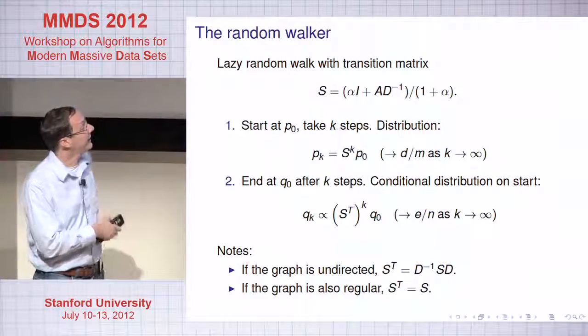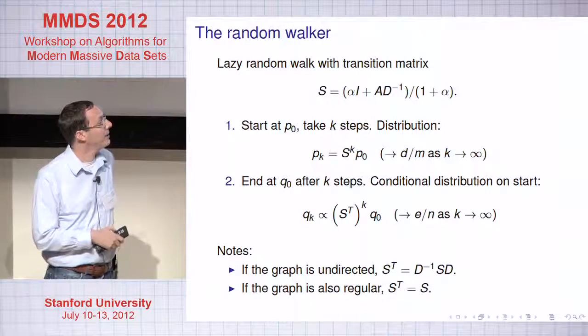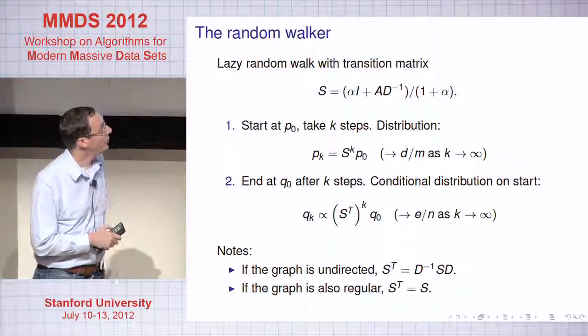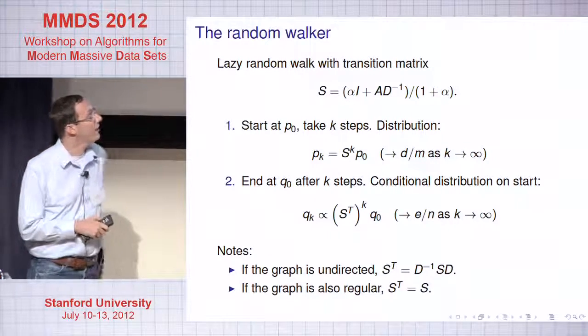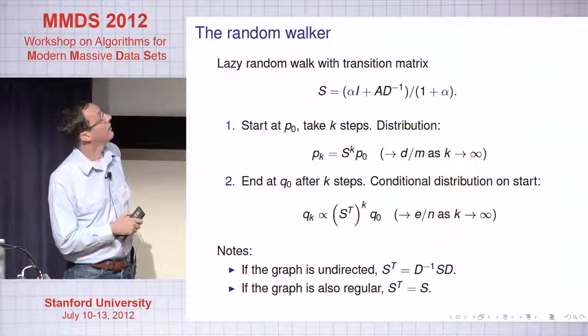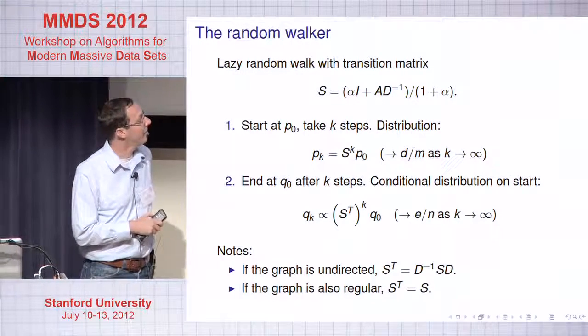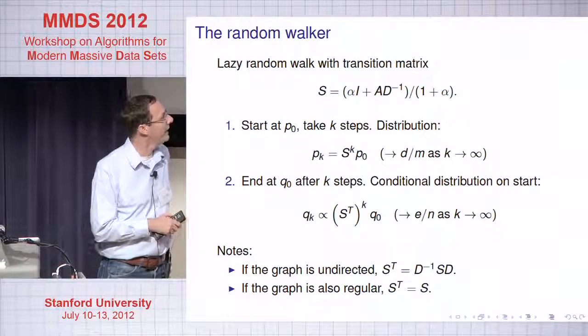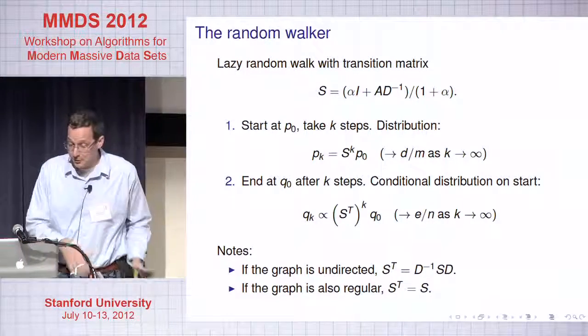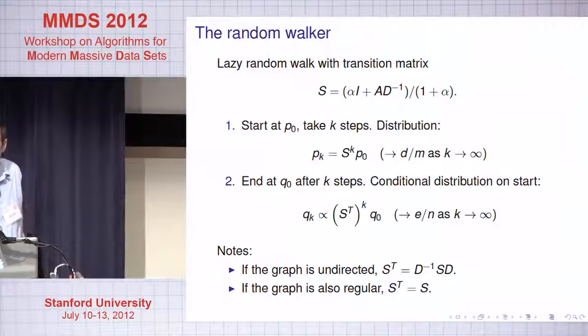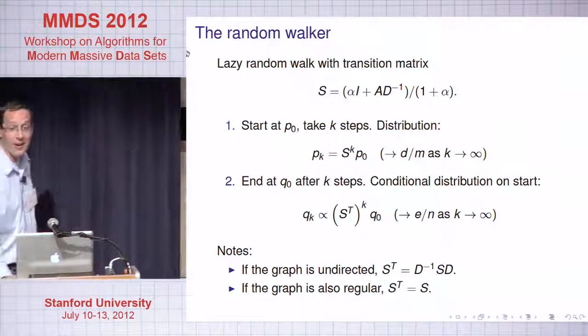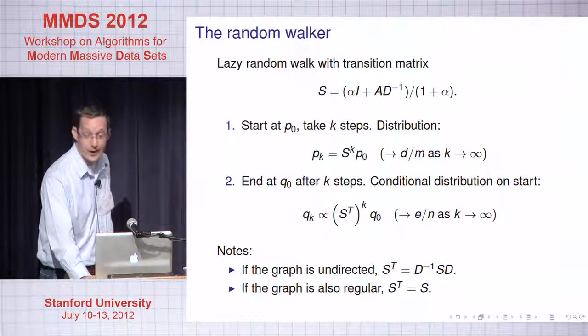If I look at things the other way around, S transpose to the k times q naught, where q naught is my initial distribution, sorry, gives me the conditional distribution on where I started given a uniform prior.